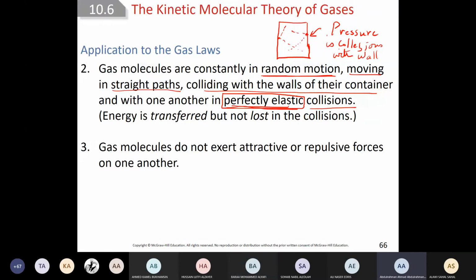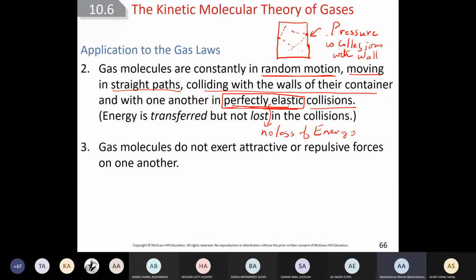There is no loss of energy. That's very important, because if there is any loss of energy, the container will heat up very, very quickly, to thousands of degrees. That's why perfectly elastic means no loss of energy.